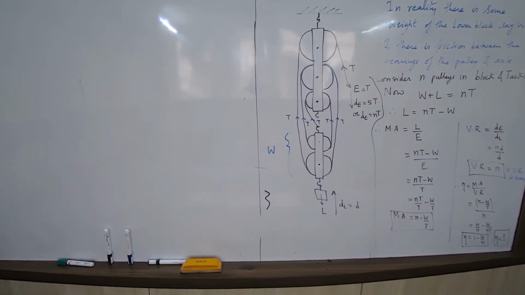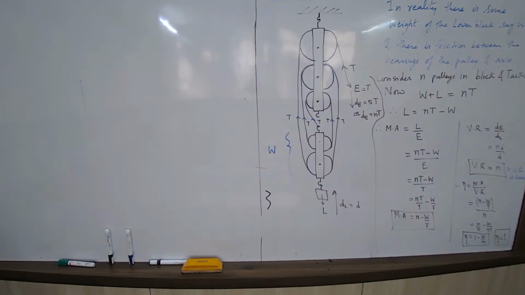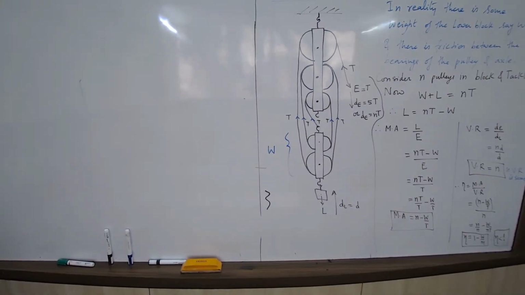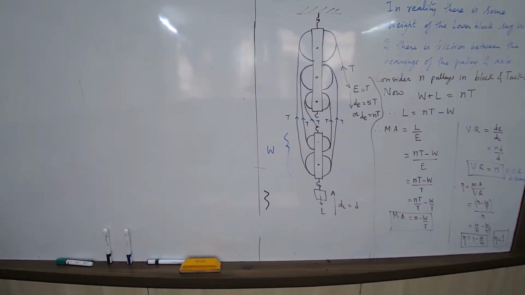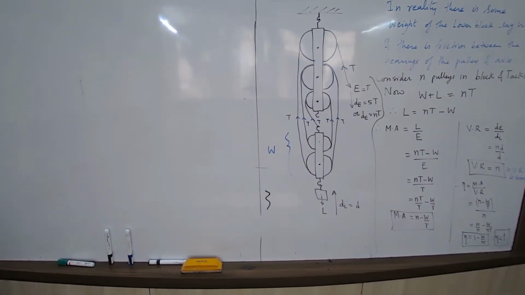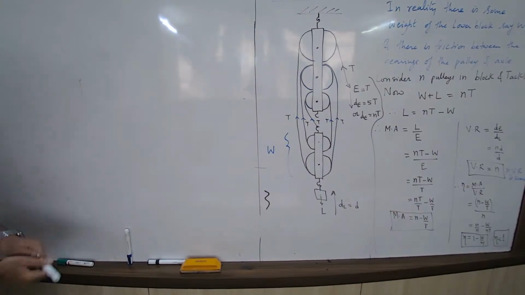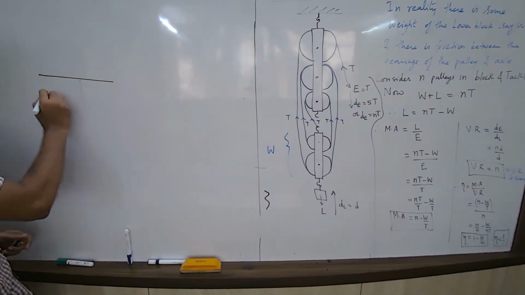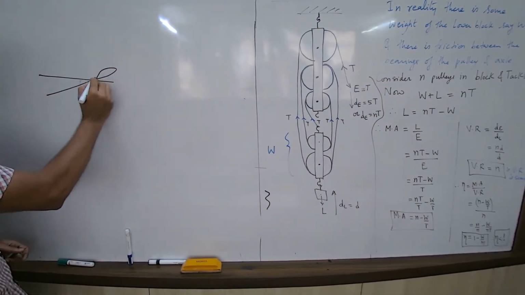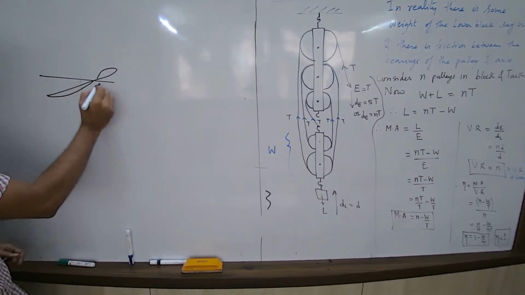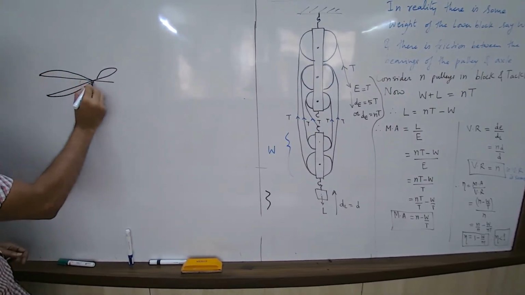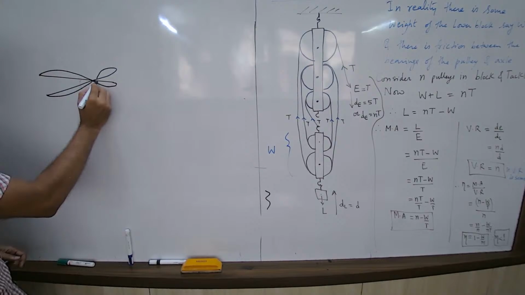Second question. Give an example for each of the following uses of a machine. To obtain gain in force, scissors. Will scissors obtain gain in force? No, it will obtain gain in speed. Shears will. You know the difference between scissors and shears? Scissors have a big blade. This is your scissors.